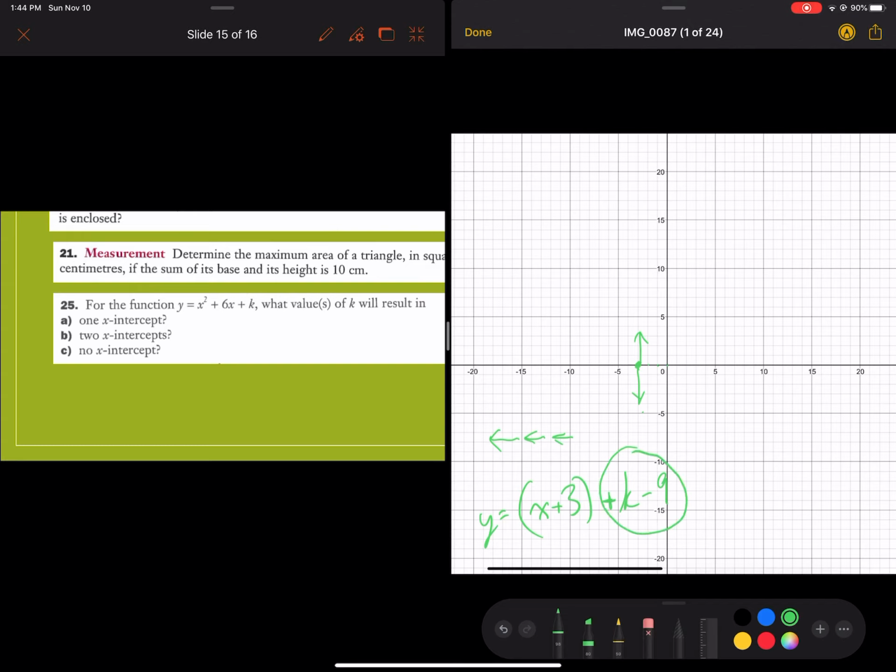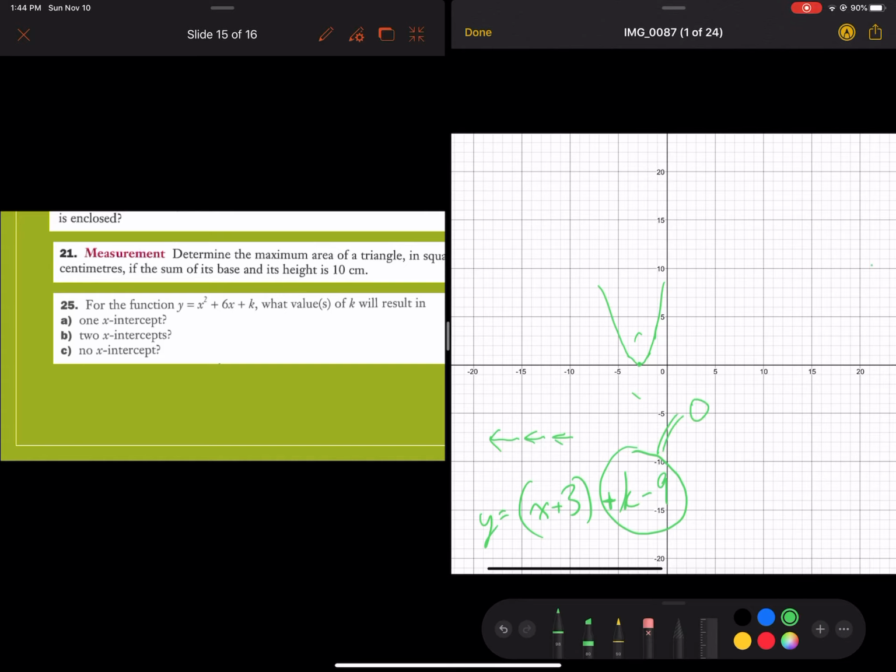So, let's look at one x-intercept. When does it only have one x-intercept? The only way that happens is if it opens upwards and this value has to equal 0.